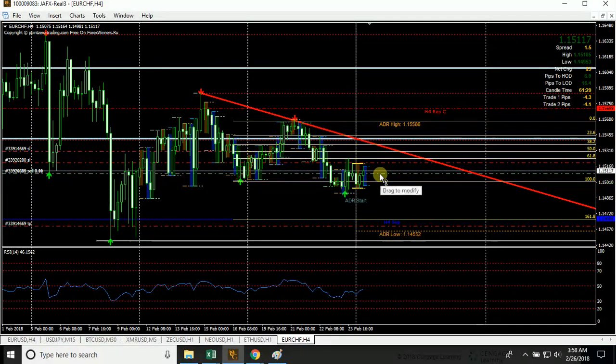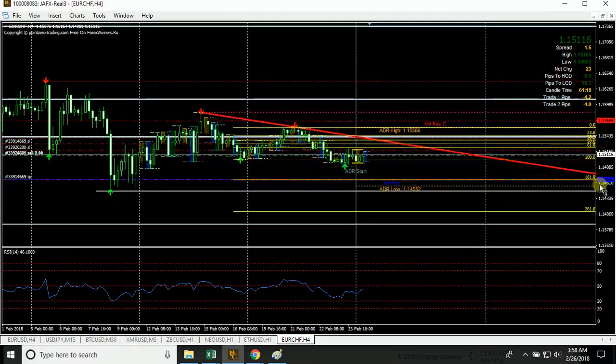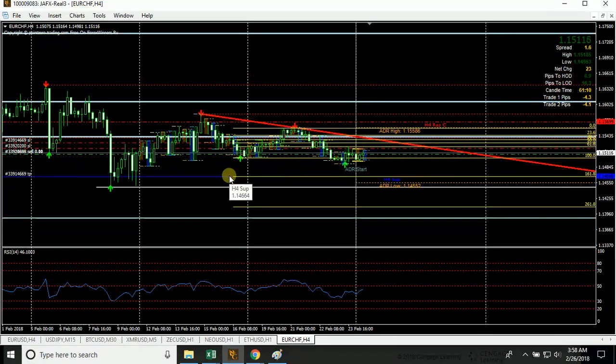Depending on how many pips you're going for, you can put your take profit here, or at the next target, which is the 161 right here, or the 261 here. It just depends on how many pips you're going for.